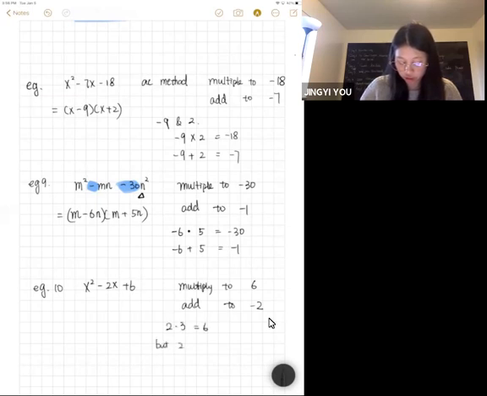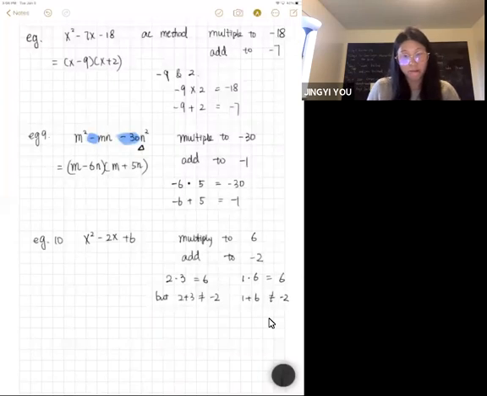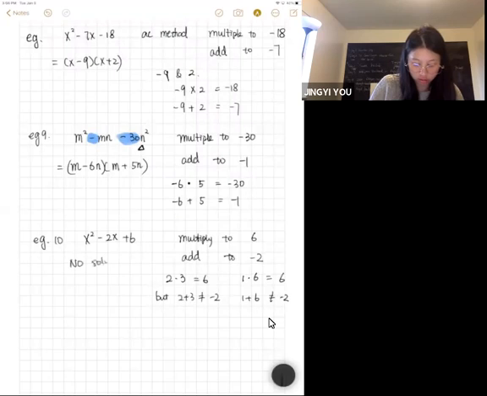But 2 plus 3 is not equal to negative 2. So the other possibility would be what? 1 times 6, 1 and 6, these two numbers. These two multiplied together is equal to 6, but 1 plus 6 is not equal to negative 2. So that means what? There is no solution. This one can't be factored.